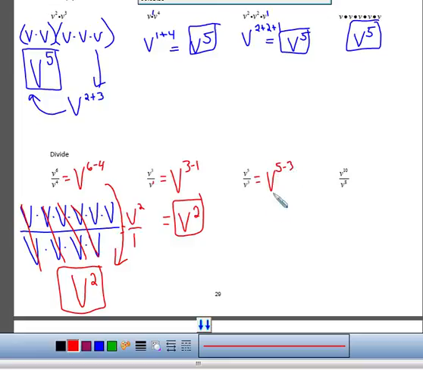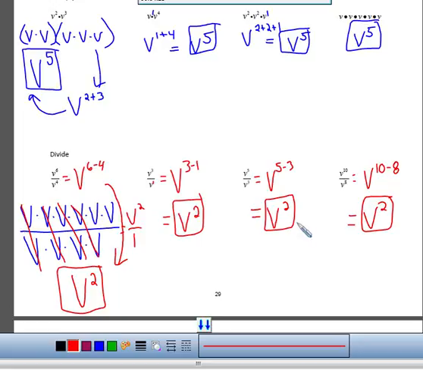Since the base is the same, you can subtract them because we're dividing. And then the last one, v to the 10 minus 8 equals v squared. So we've got 4 different examples of v to the 2nd power. Because the base is the same, we just simply subtract the exponent.